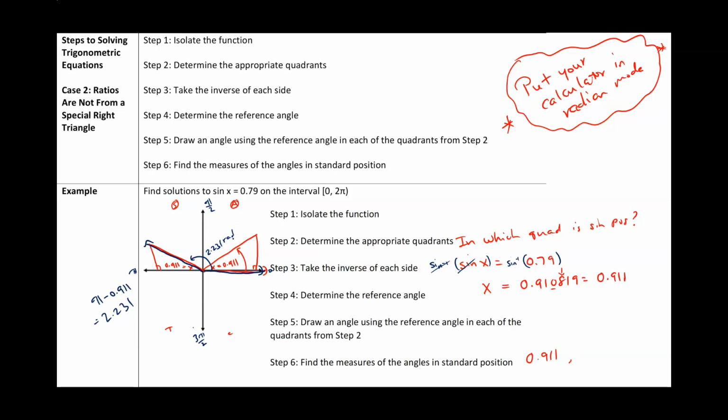And I don't have to put the units in, I put them in just to remind you guys that these are radians, and so this will be your solution here. So this tells us that if you take the sine of 0.911 in radian form, you get 0.79. If you take the sine of 2.231 in radian form, you get 0.79, and you can verify that on a calculator.